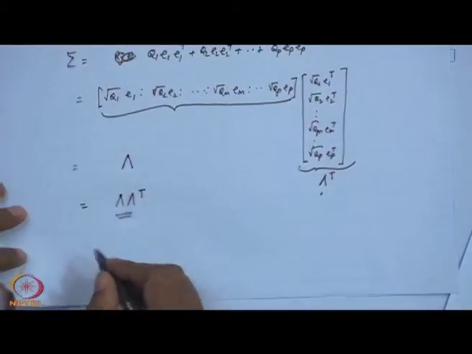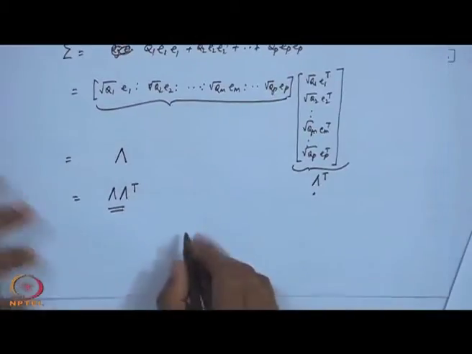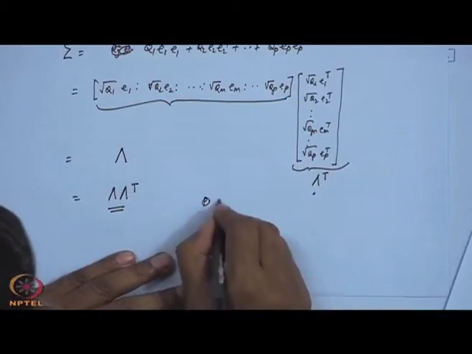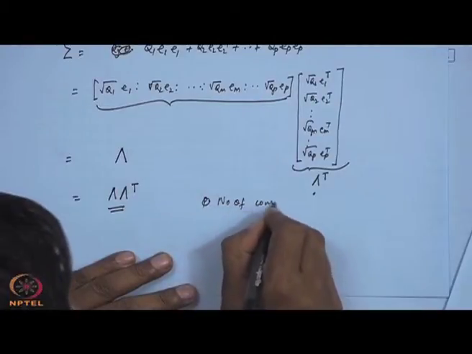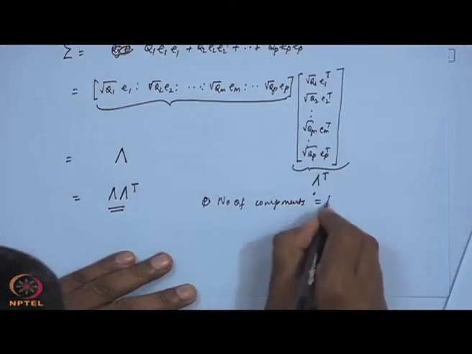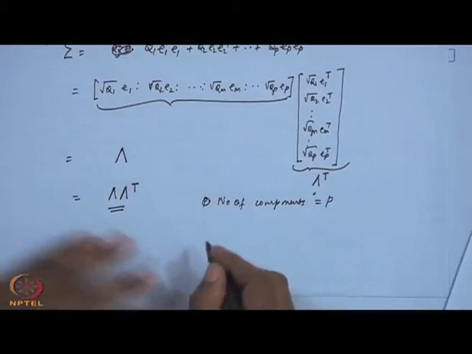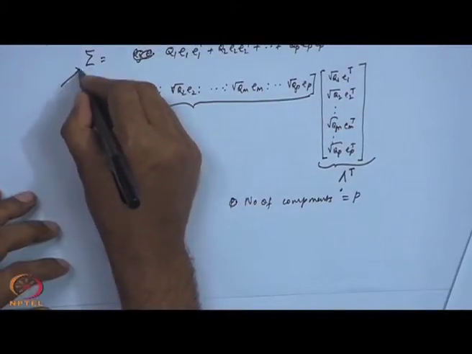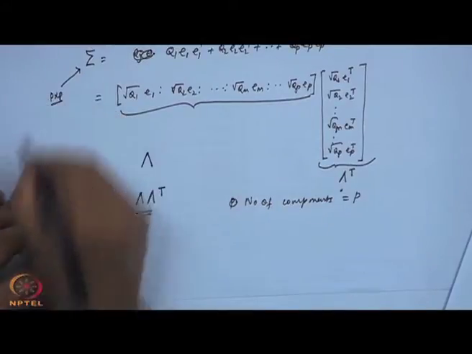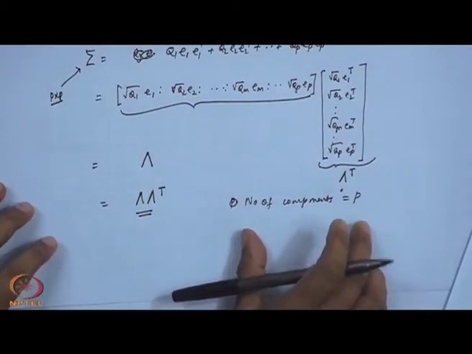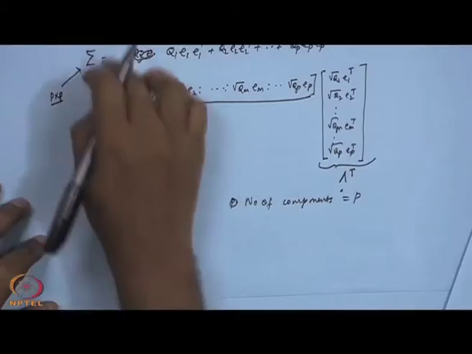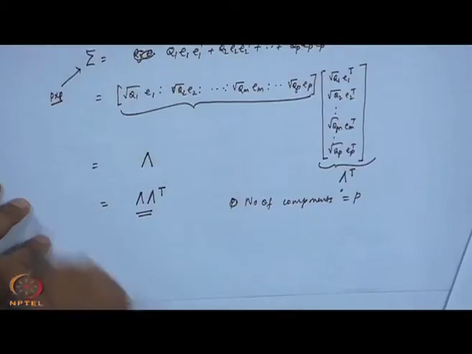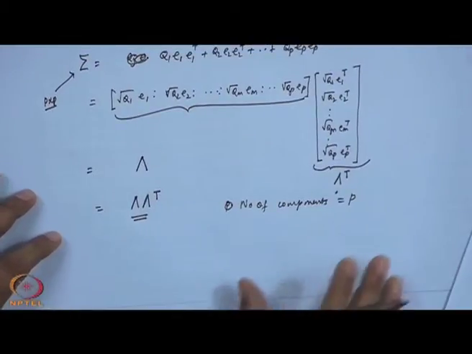And in this case, the number of components extracted is P, and this matrix is also a P cross P matrix. So the maximum possible components are extracted, and here we are assuming that the rank of this matrix is P, that is, full rank. But in factor analysis, what is the purpose?